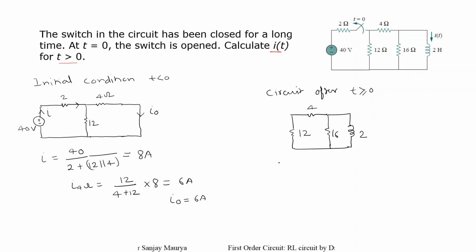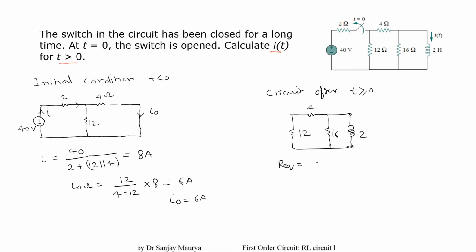So now the next aim is to determine the R equivalent. To determine the equivalent resistance, we need to look from these two terminals, by removing this inductor. So finally 4 and 12 ohm are in series, and this series combination is in parallel with 16 ohm.